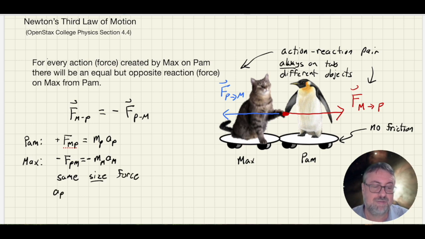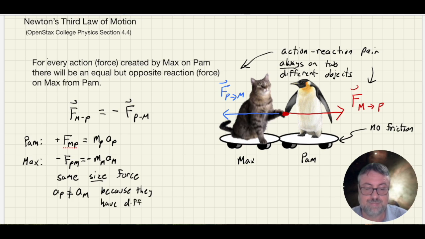The acceleration of Pam does not equal the acceleration of Max because they have different masses. Also, the accelerations will be in the opposite direction.